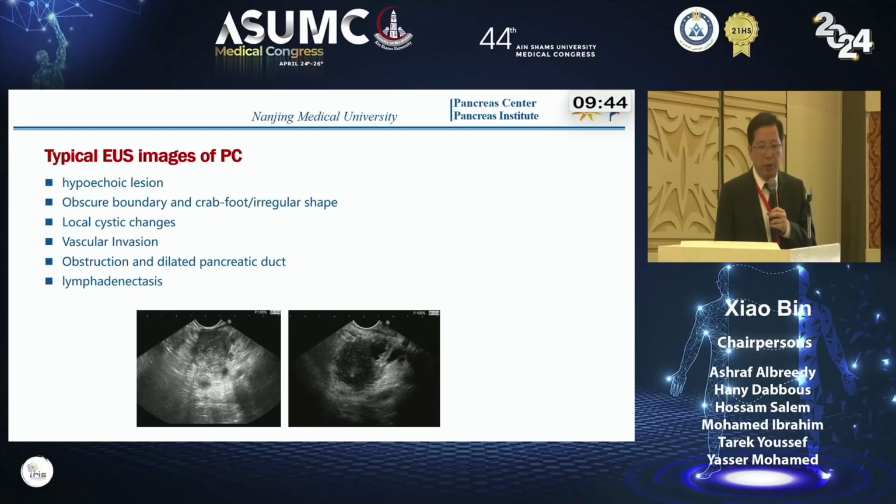This is the EUS image of pancreatic cancer. It shows a hypoechoic lesion, obscure boundary, crumpled irregular shape, local cystic change, and vascular invasion. All this information is very important to our decision making.